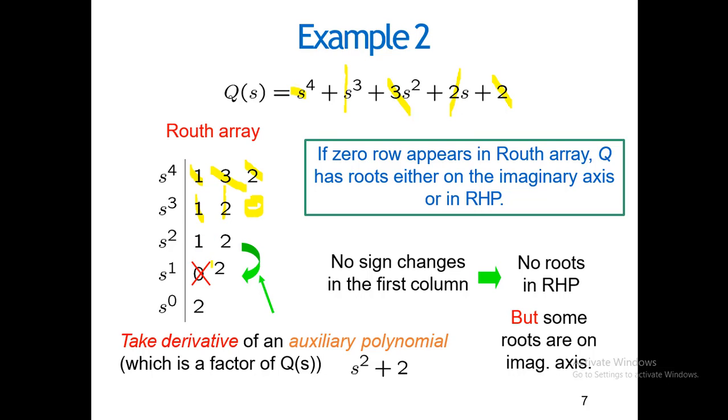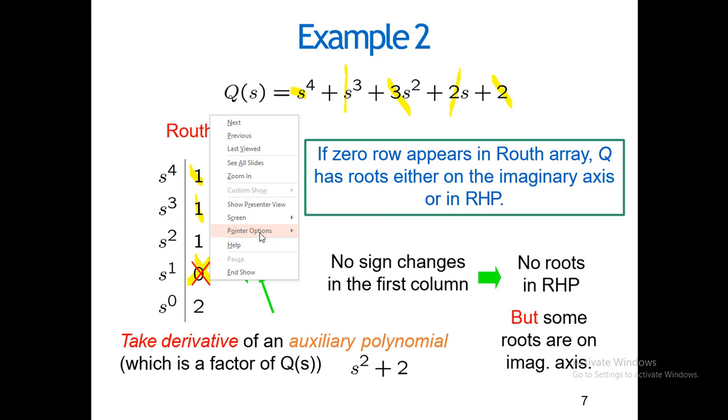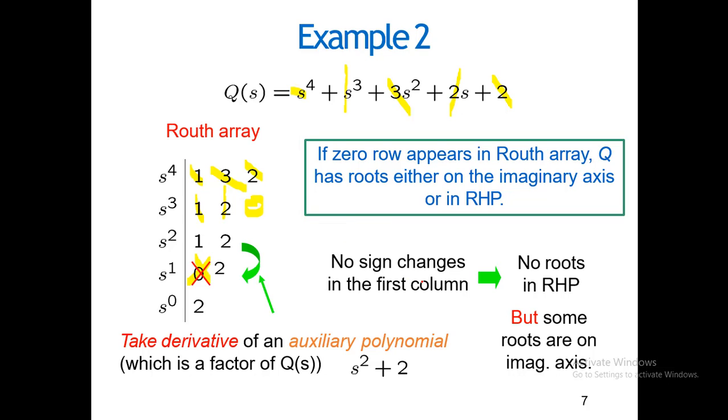If you solve this, you get a 0 over here, and instead of 0 you can replace it by epsilon, and you can find the value of epsilon. If you find out the value, you will see that there will be no sign change in the first column of the routh array.